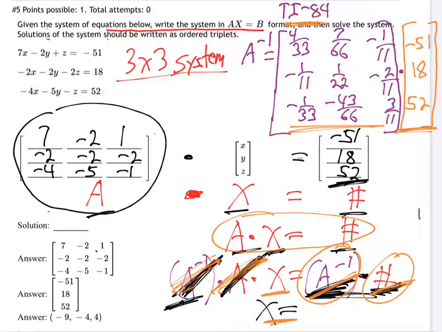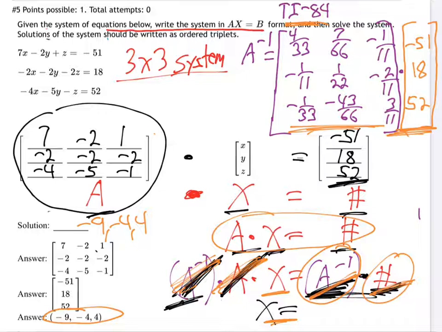So to multiply those matrices right on my calculator. And when I multiply these on my graphing calculator, here's the answer. You can see it right down here. The solution ends up equaling, they want you to write it, -9, -4, 4.